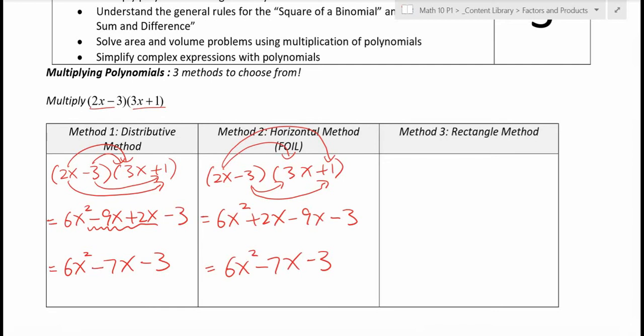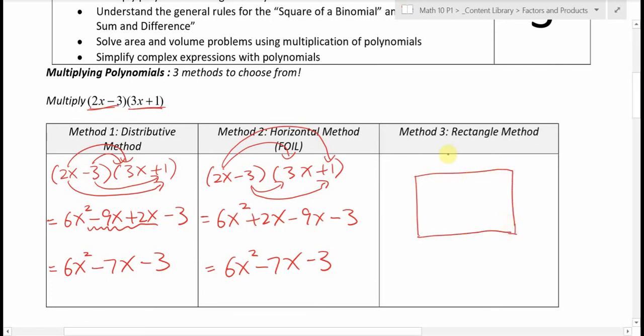The last one is a little bit different. This is the rectangle method, the area method. Here we are multiplying two expressions, so you can relate this to the area of a rectangle, because that's how you get the area: multiplying the length with the width.